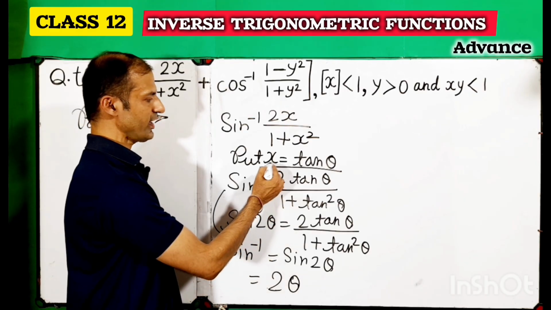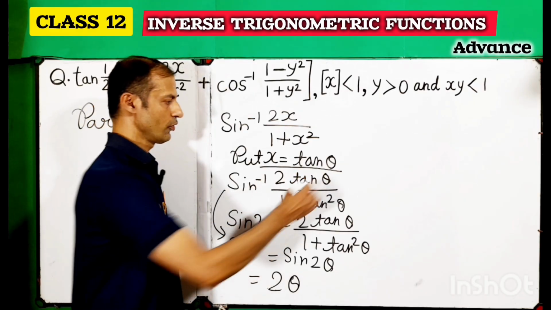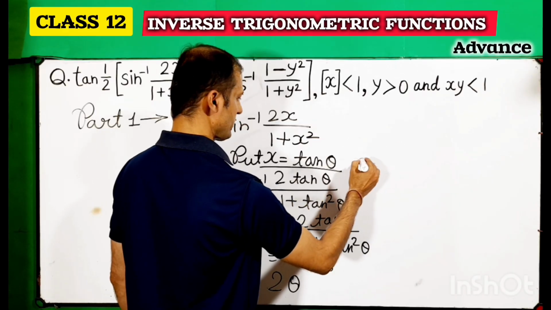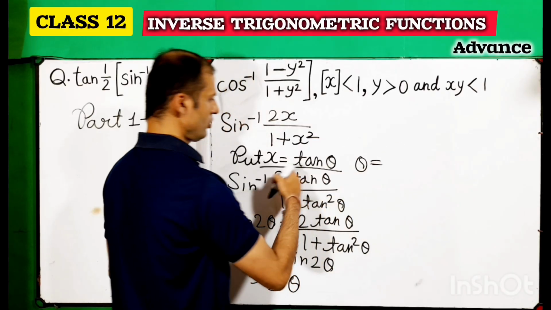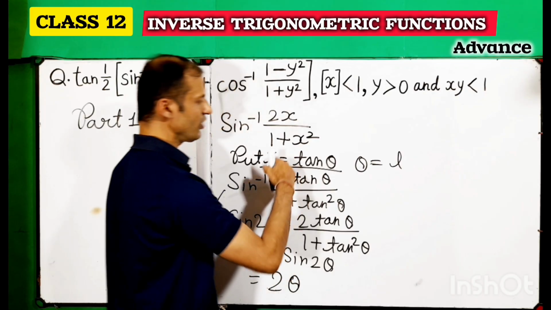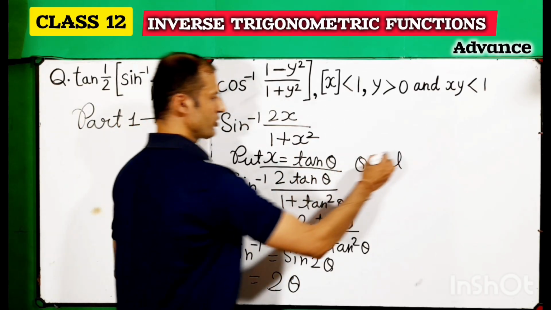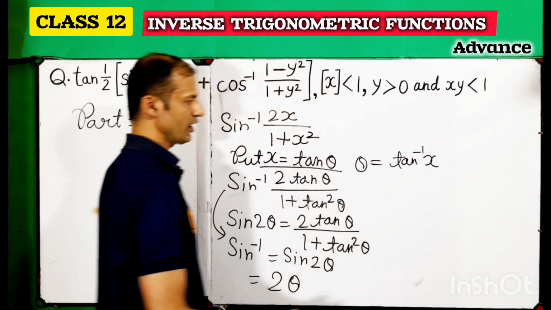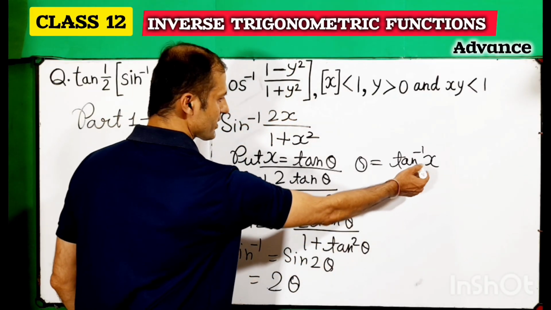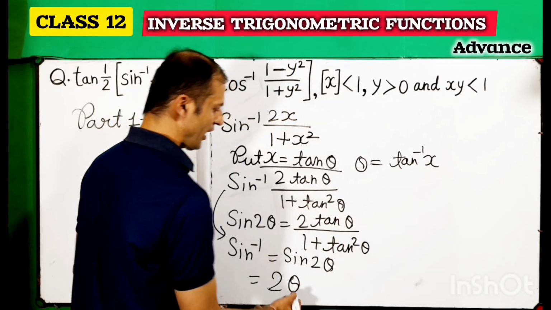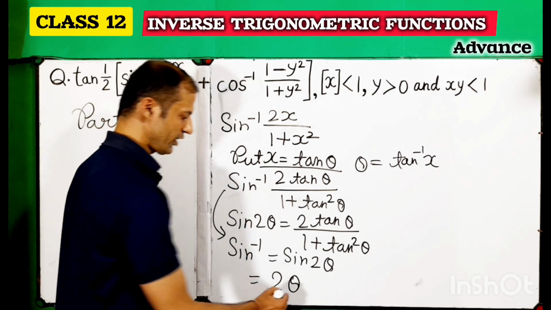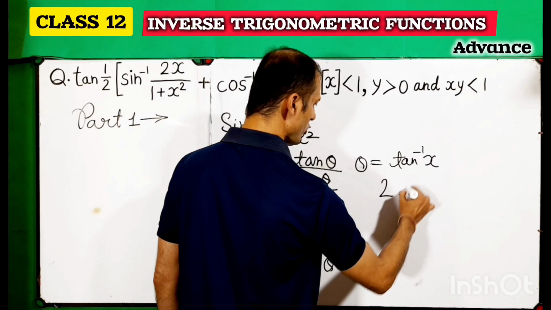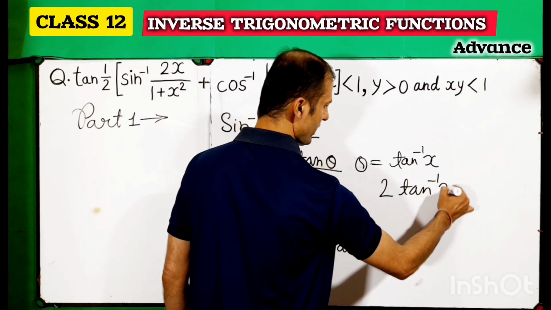As we know that x is equal to tan theta, theta is equal to tan inverse x. So tan inverse x will be kept in place of theta. Okay students, so here I write this one. It means 2 tan inverse x.